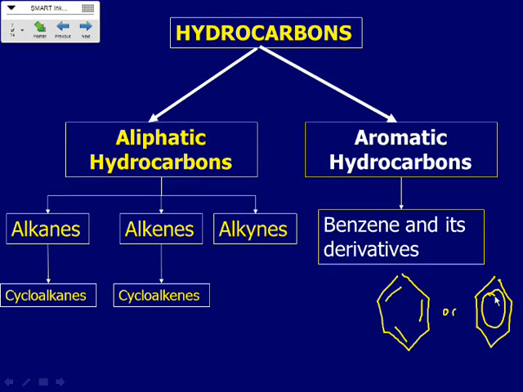That's benzene. Aliphatics are essentially either chains of carbons or rings of carbons, but not this special ring shape that has alternating double bonds. It's the alternating double bonds that makes it special. So let's start today by looking at the alkanes, the simplest of the simple.